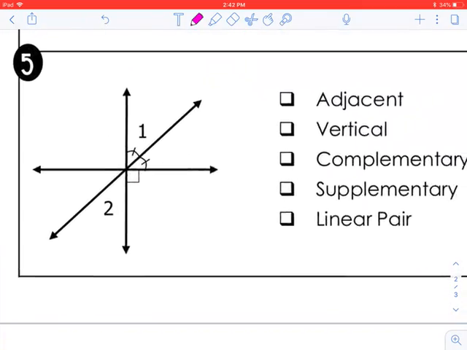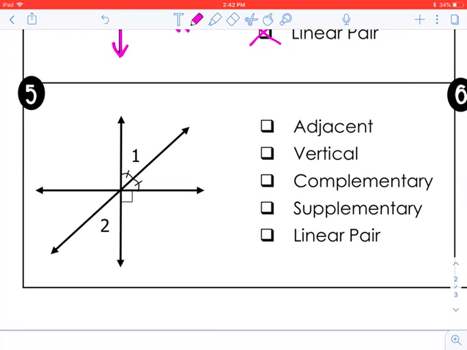Okay, so the last two, looking at these two, we have angle 2 here, angle 1 there. So what we have is actually these two angles make an X, so it would be vertical. Okay, so now looking at that, this one's a little tough to think about, but if you have these two tick marks here, that means these two are the same measure.